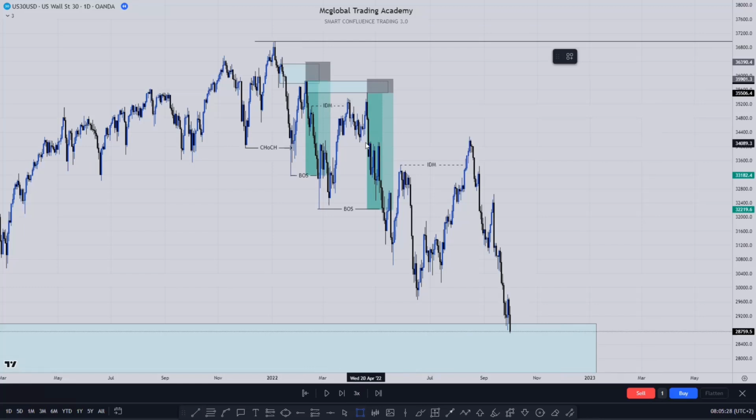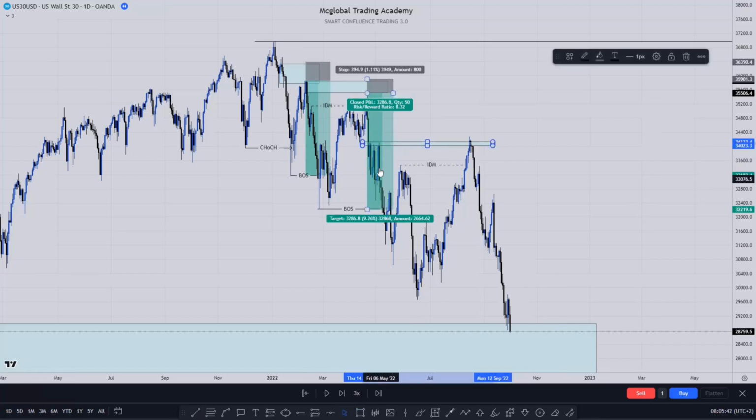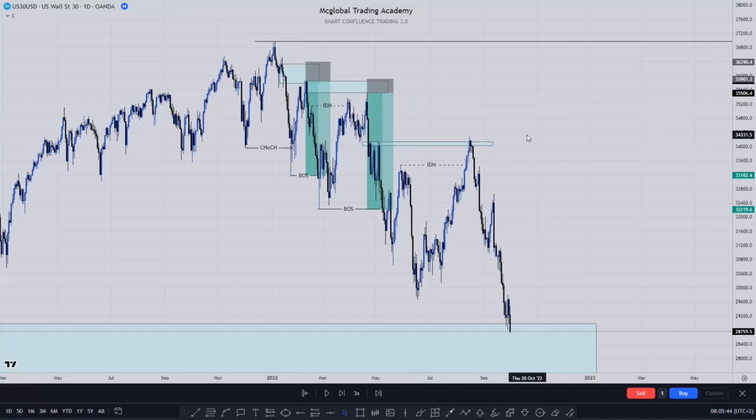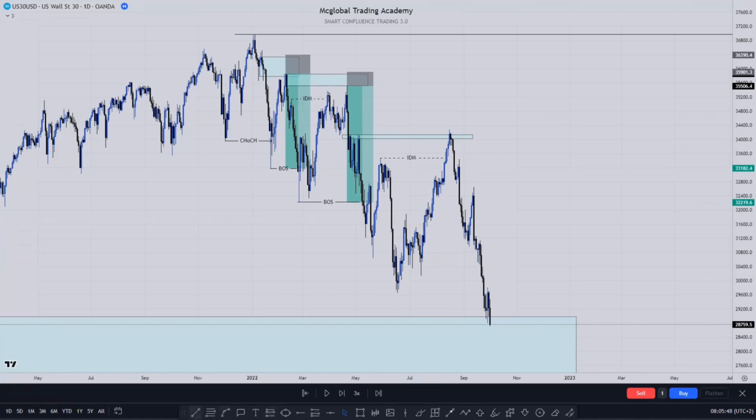In this case, this whole zone is our supply zone, right? This whole zone is my supply zone, but I'm just going to mark it like this. I wanted to mark this whole block, but there's no need to do that. So after inducing like that, tapping into a zone.